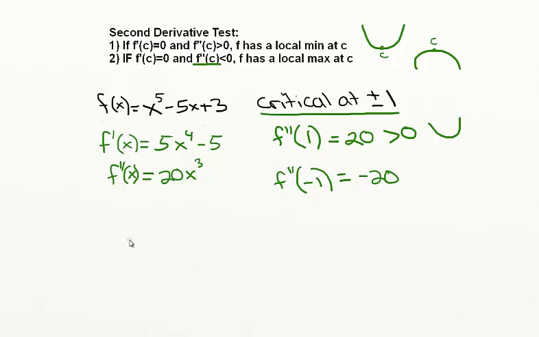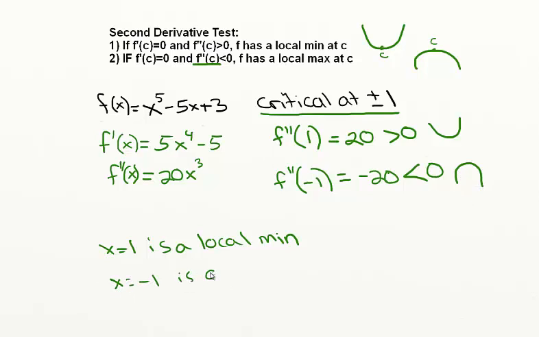So x equals 1 is a local min. And then the other way, we have less than 0. So for f double prime of negative 1, we're concave down, and that means x equals negative 1 is a local max.